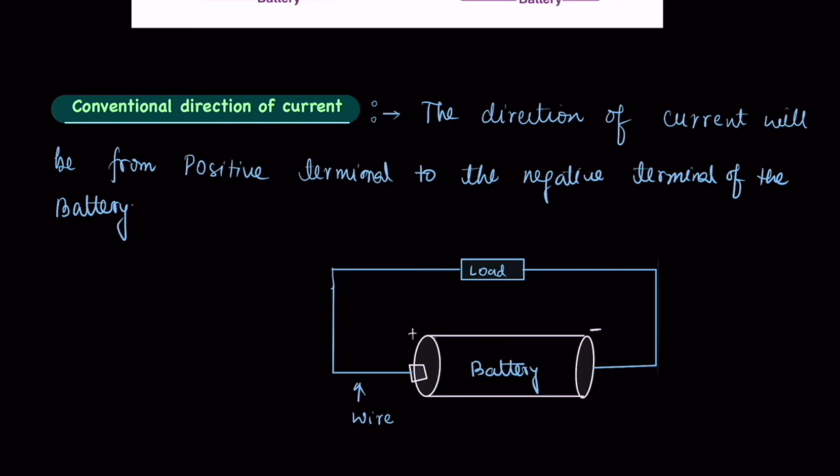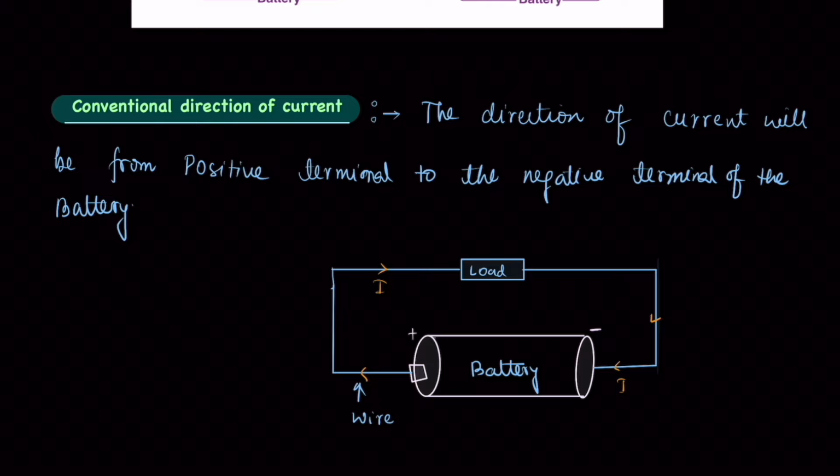It means that the current always moves from positive to negative direction. But the question is why it is called the conventional direction of current. The reason behind this, as I told you in the beginning when we were studying about electric charge, is that I mentioned that electrons can only move from one body to another body.